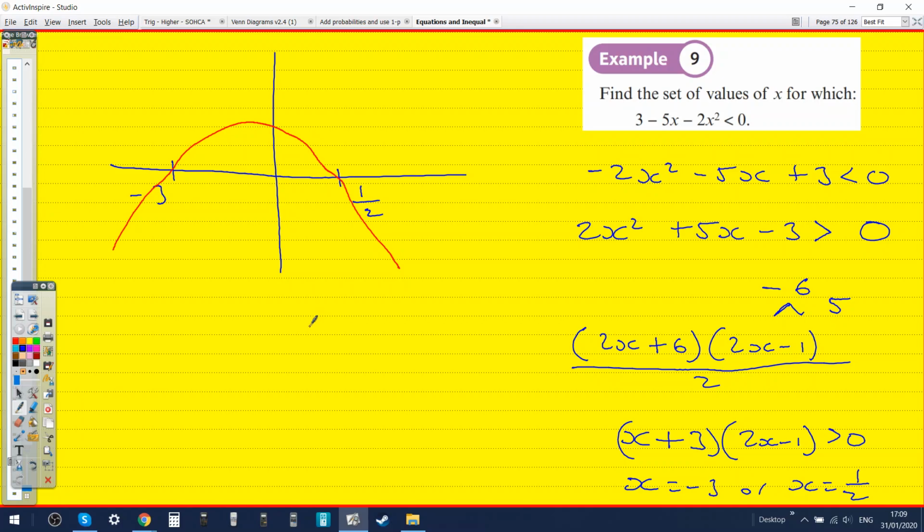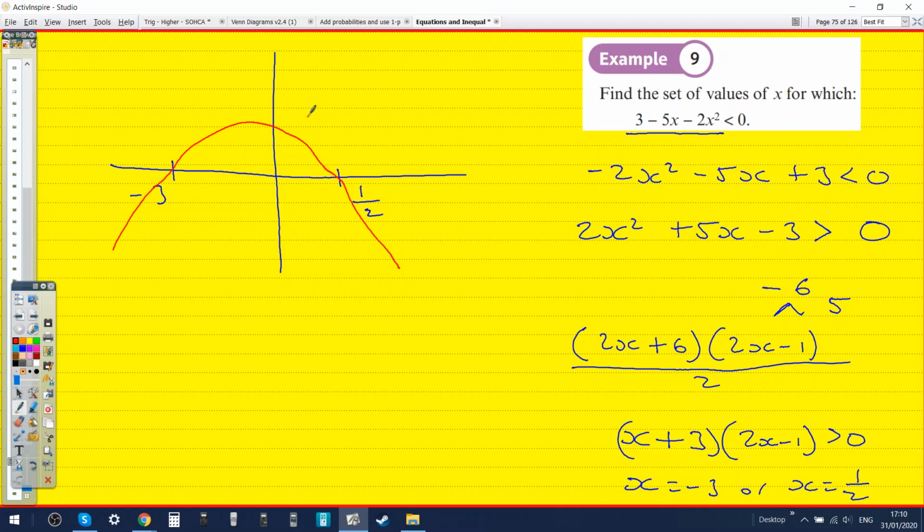Why is it upside down instead of? What's the y intercept? Go back to the original. So if x was 0, what y would you get? 0. So 0 squared, 5 times 0, and then the first thing.